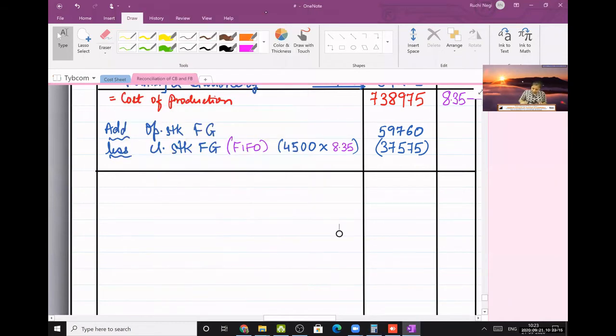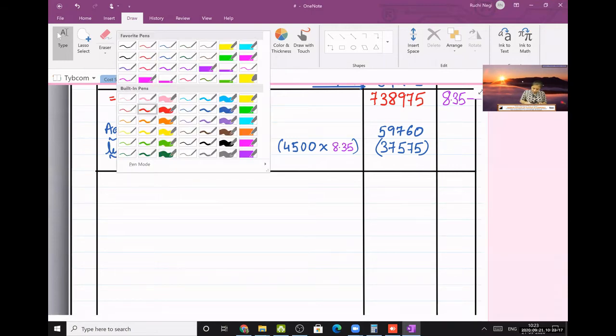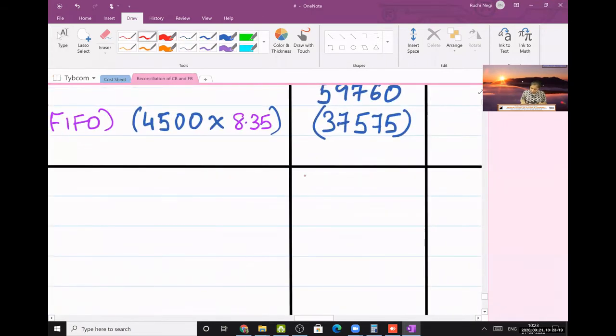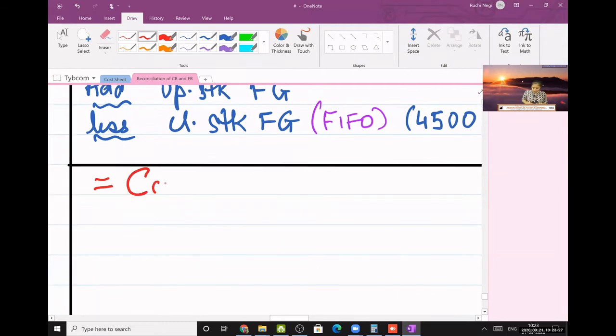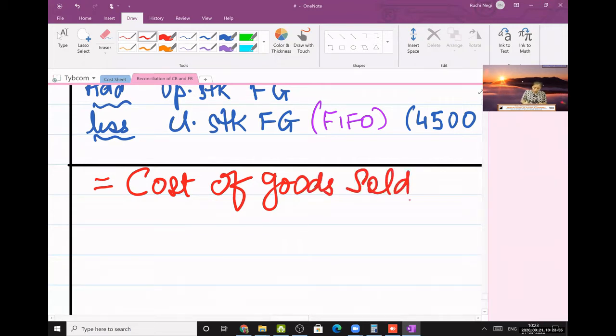That is 7,61,160. So this is my cost of goods sold.